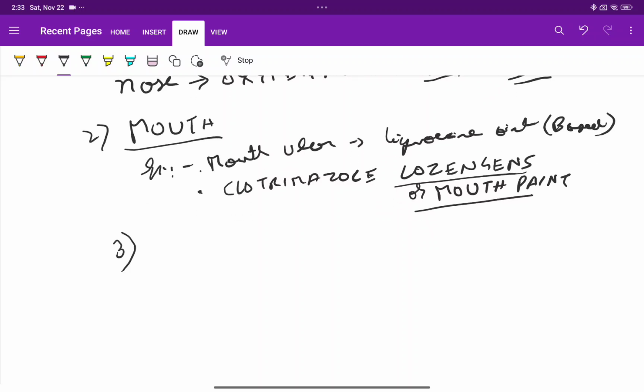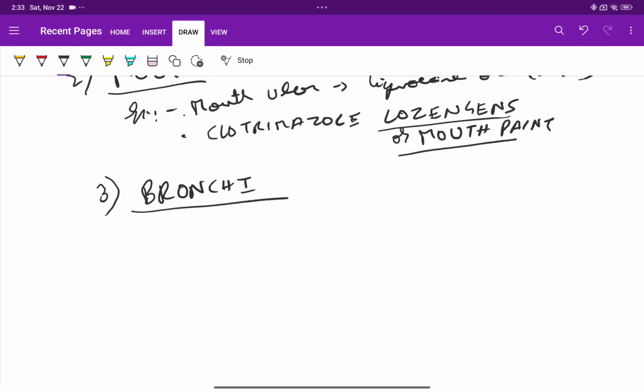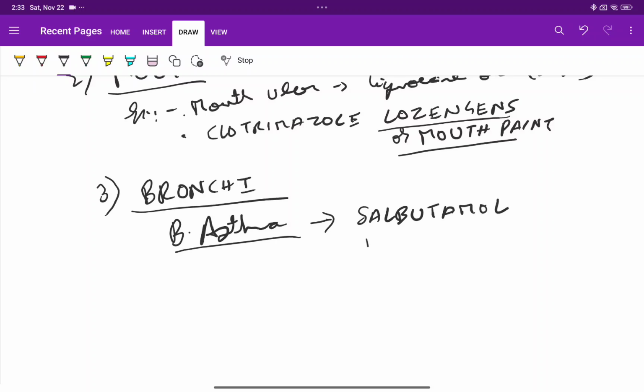Next, let us see about the bronchi. A common case we see in the OPD or casualty is the bronchial asthma patient. When there is an allergen trigger, they will present with bronchospasm. To relieve the bronchospasm, we give salbutamol, budesonide, right?